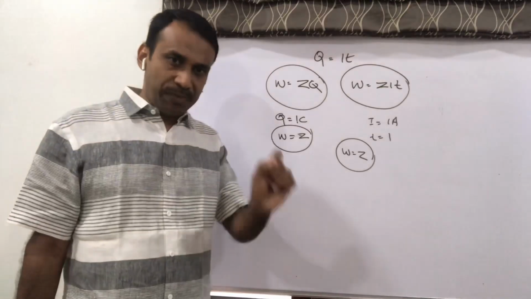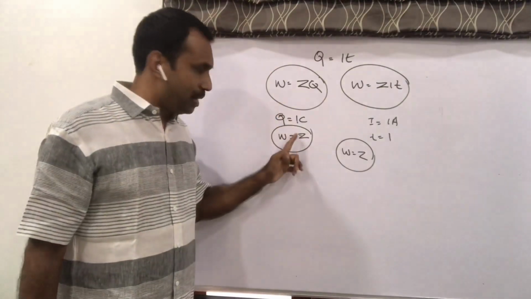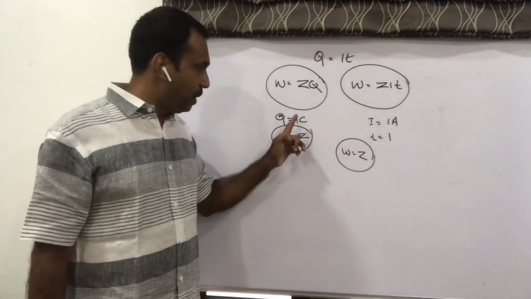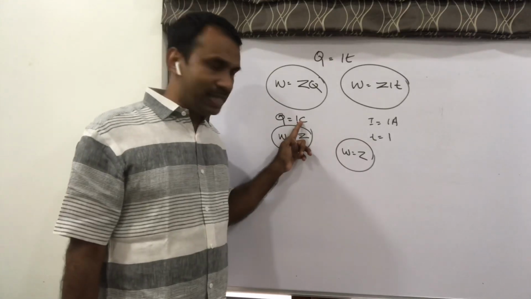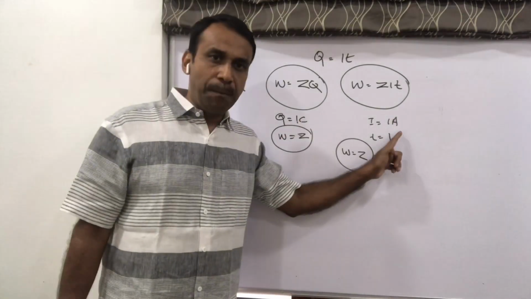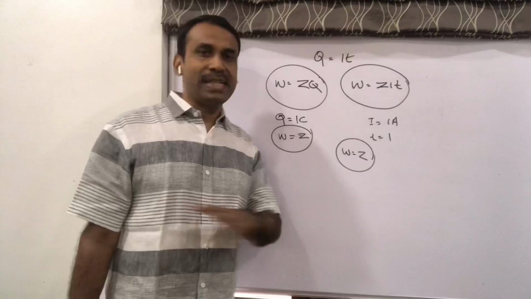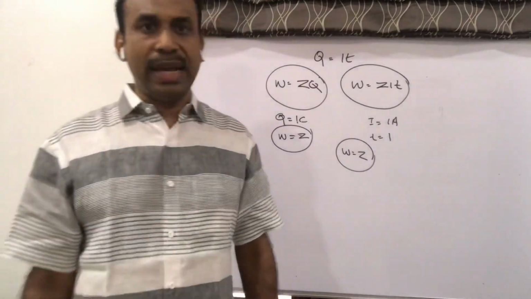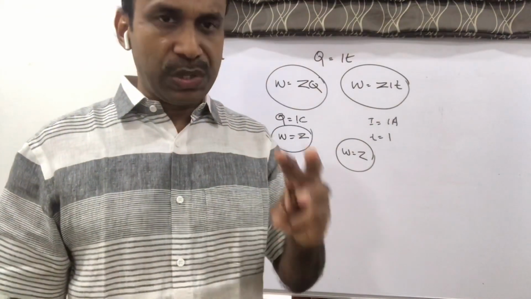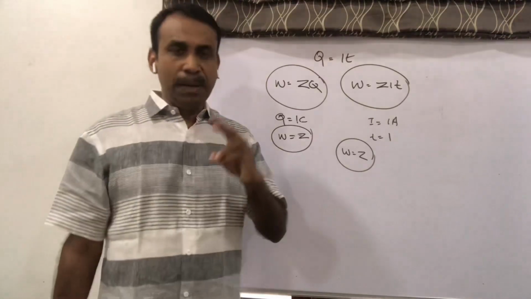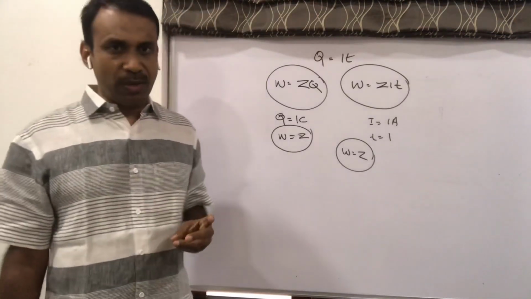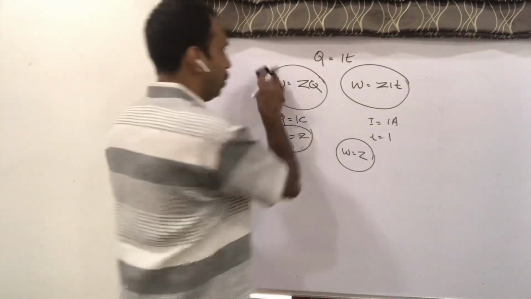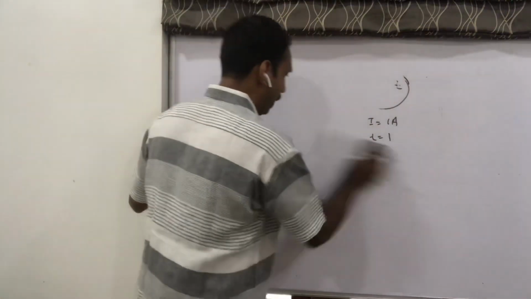Electrochemical equivalent is defined as the mass of substance obtained by passing 1 coulomb of charge or 1 ampere current for 1 second. Now we studied Faraday's first law, the definition of electrochemical equivalent, and the mathematical formula of the first law.